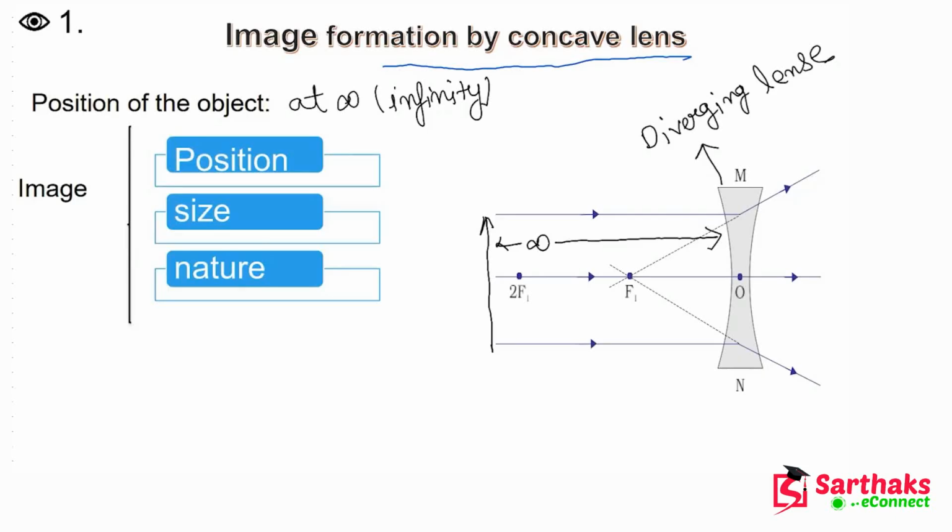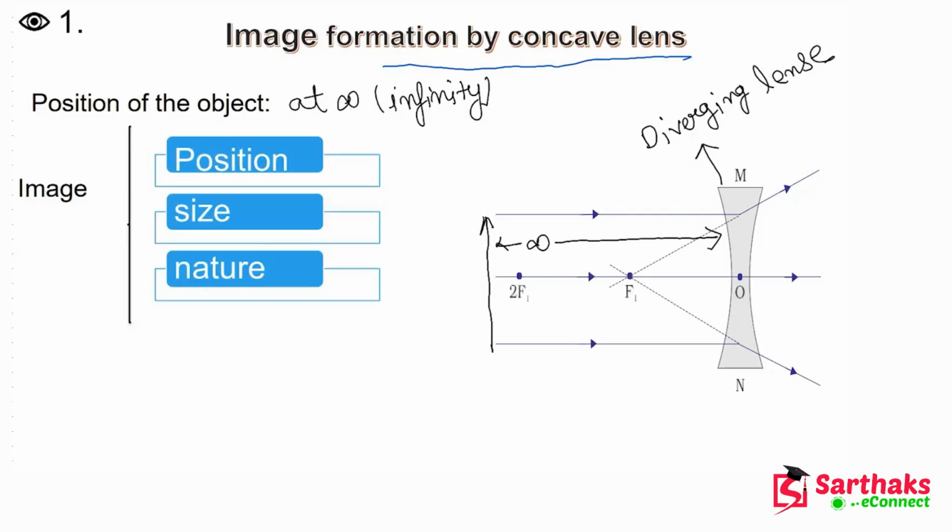Now, if you want these rays to meet at a point, then this is not going to happen. Why? Because these rays are going in different directions. You can see this is a ray. After the divergence, it is going here, and this is again a ray coming parallel to the principal axis.